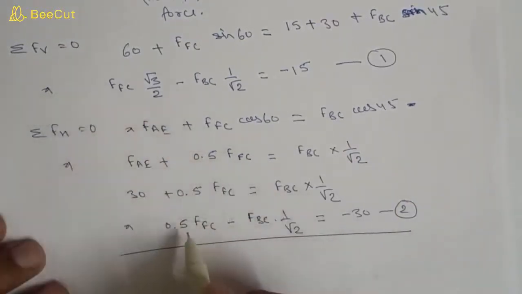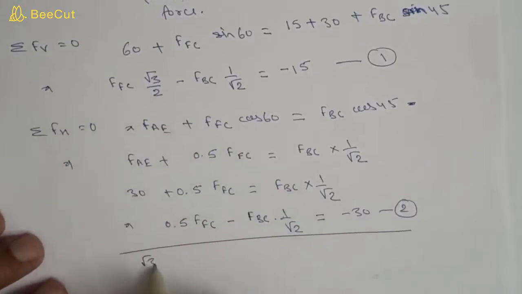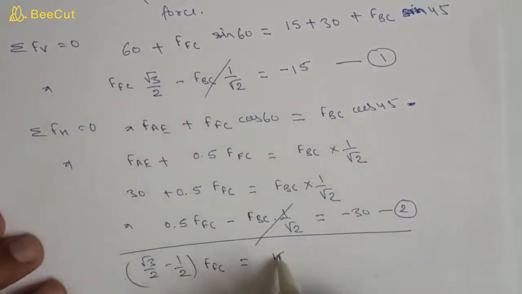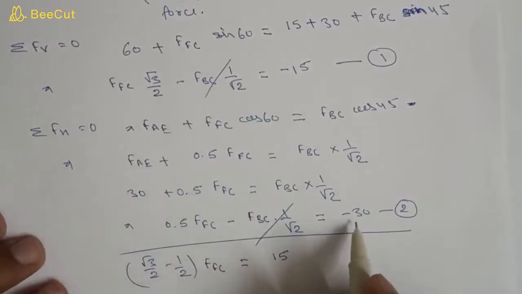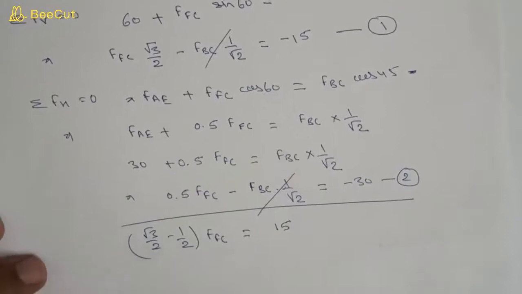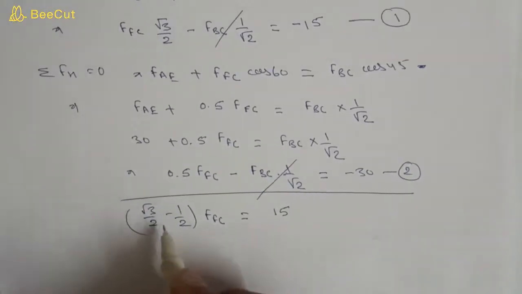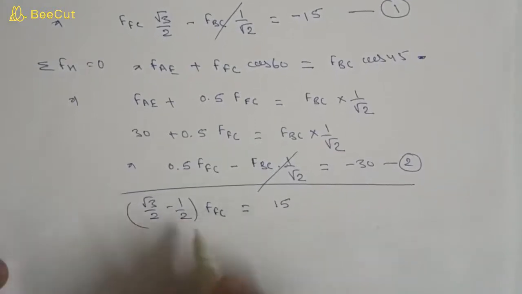root 3 by 2 minus 1 by 2 FFC, and this will cancel, is equal to 15, this will come plus 30 minus 15, is equal to 15. If you calculate the value of root 3 by 2 minus 1 by 2, it will come 0.366.